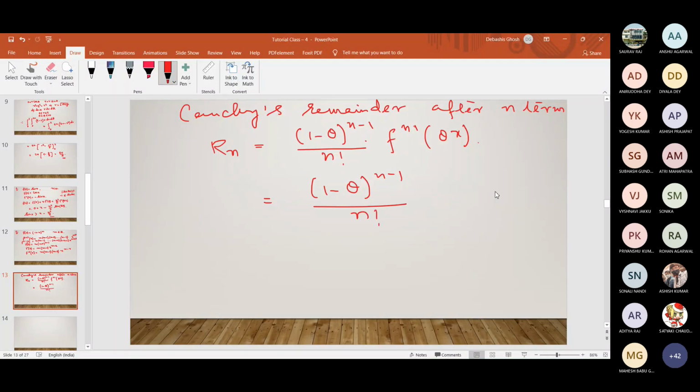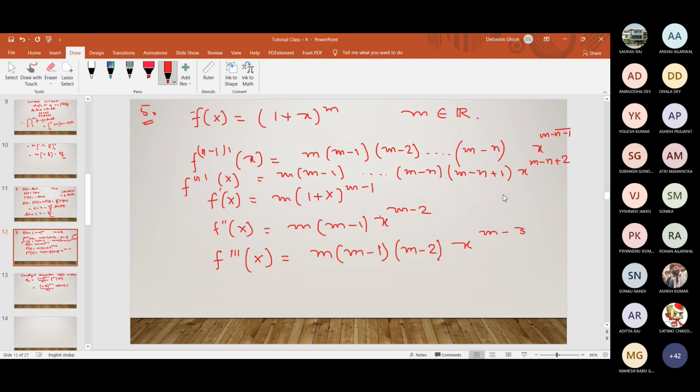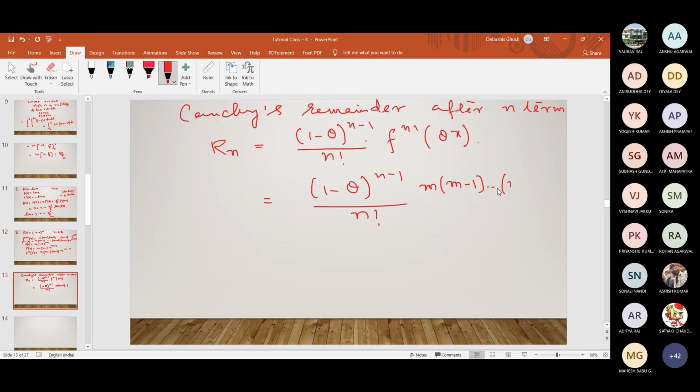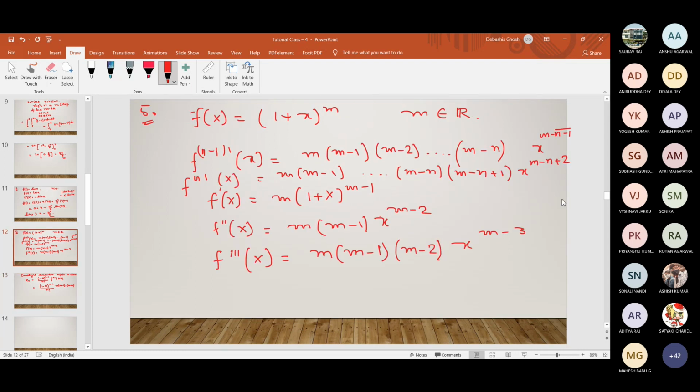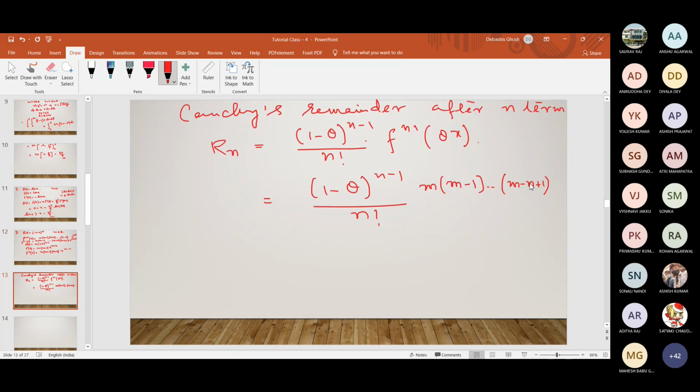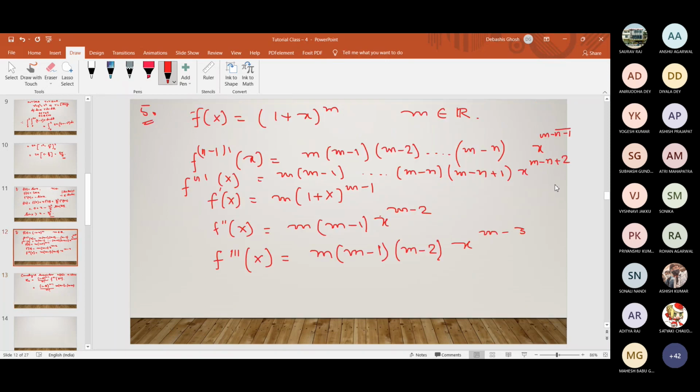This comes to your m into m minus 1 up to m minus n plus 1, and that is theta x to the power... sorry, this would be 1 plus theta x.